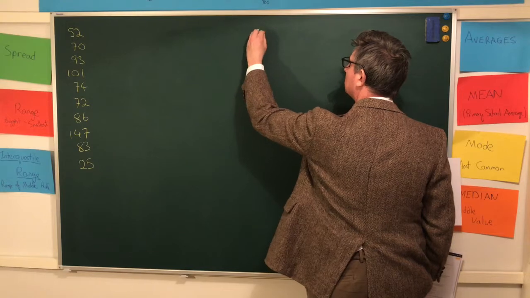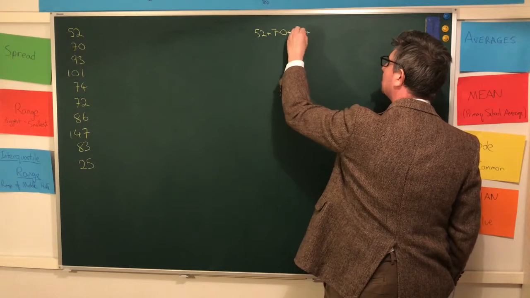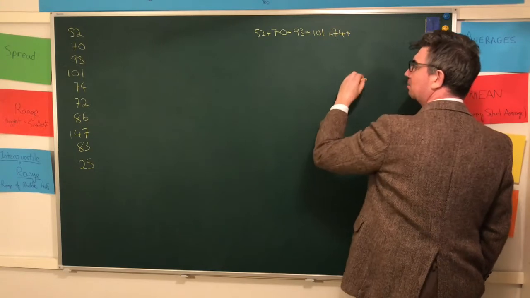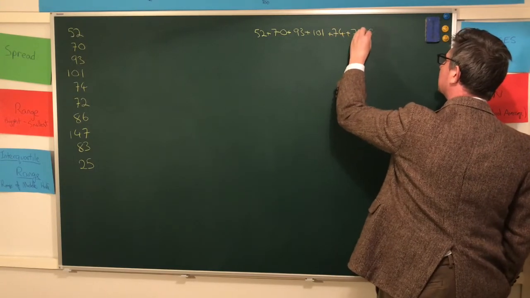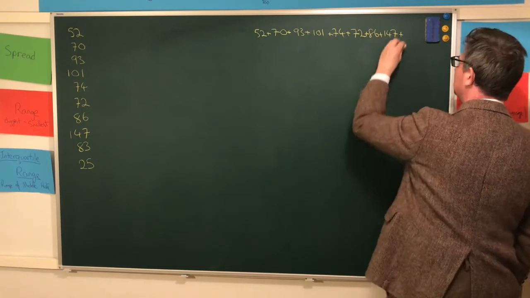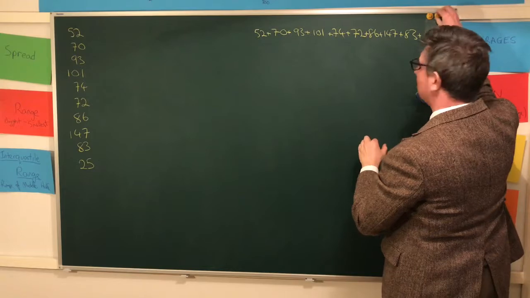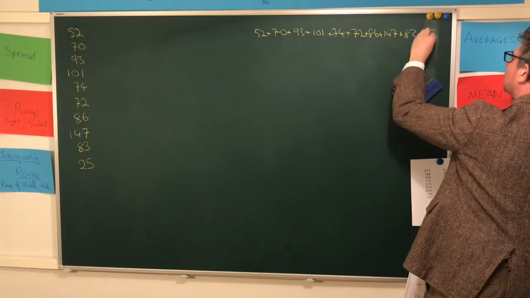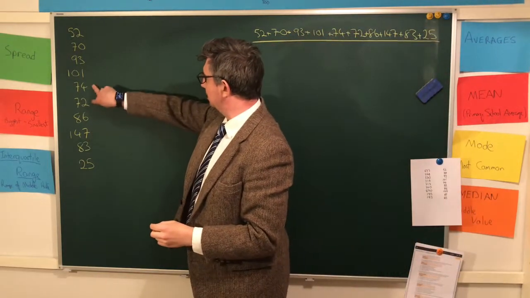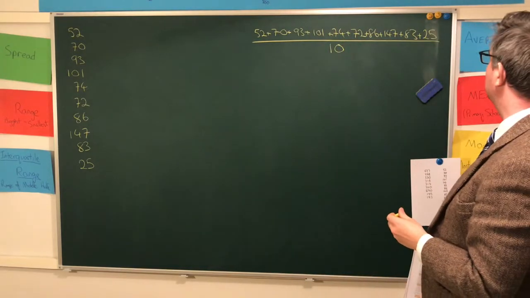So it's 52 plus 70 plus 93 plus 101 plus 74 plus 72 plus 86 plus 147 plus 83 plus 25, and I have to divide all that by how many there are. So there's 2, 4, 6, 8, 10, there's 10 of them. So divided by 10.